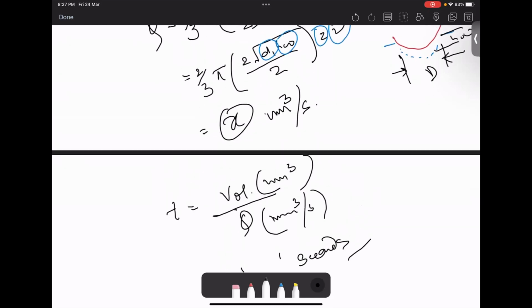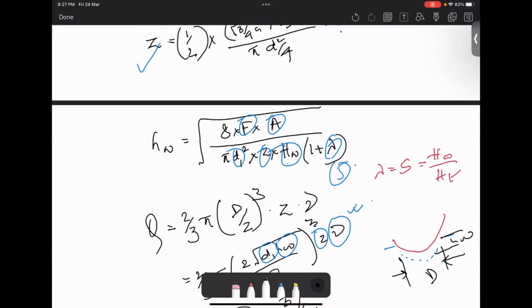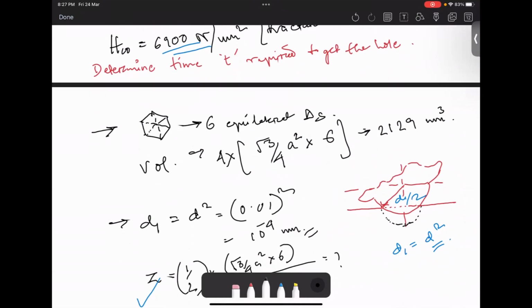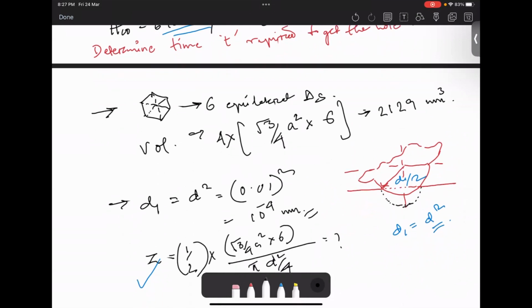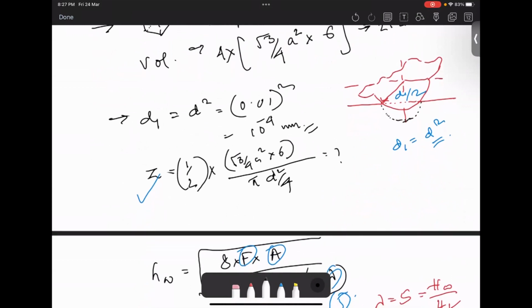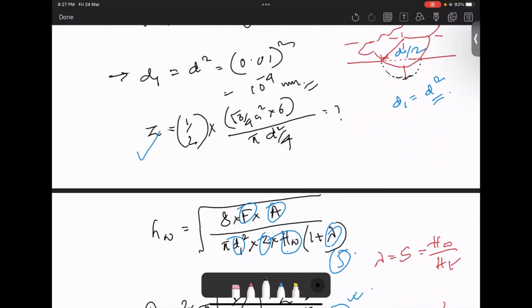I hope that is clear to you. The only catch here was determining the area of the hexagonal feature to be cut out from the workpiece. There can be other features also given to you, so you must know to find out the volume, and the remaining process remains pretty much similar in whatever condition you are given.